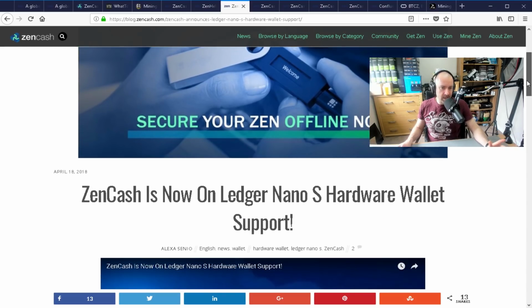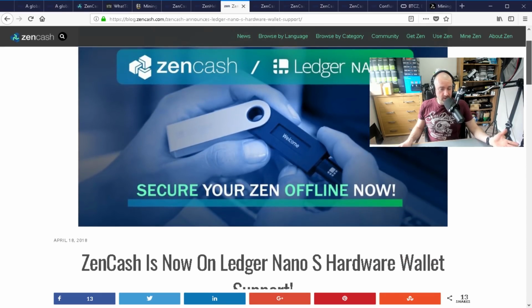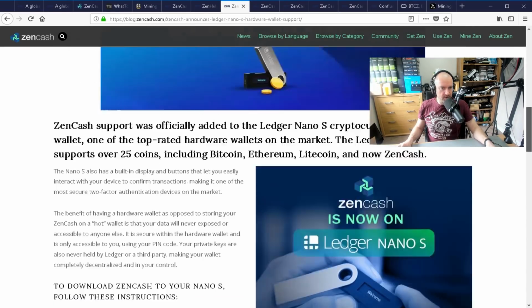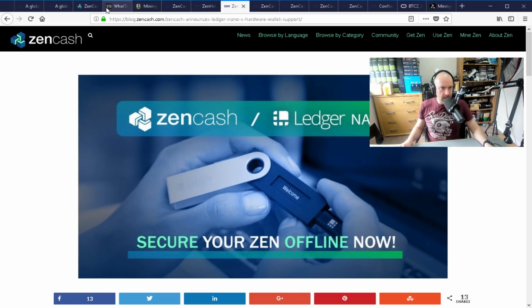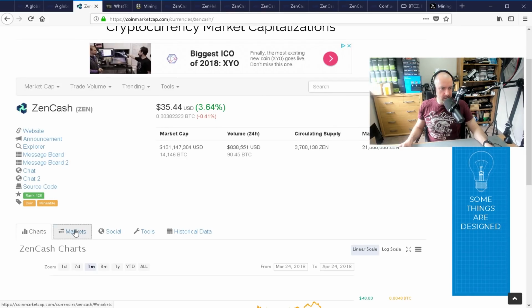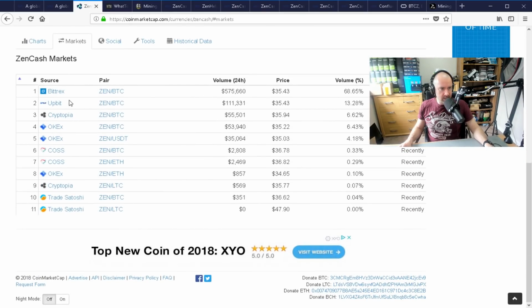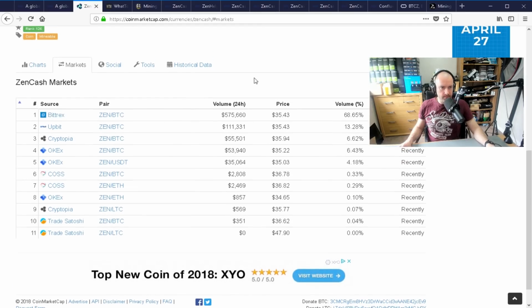So now you can put ZenCash on your Ledger Nano S, and that's really good. I think that's a really good move. It'll help you make your coins more secure. On that subject, I've not talked about markets, but you can see that the coin is available on Bittrex, which has got a lot of volume, Upbit, Cryptopia, which isn't great, but Bittrex is the main one there.